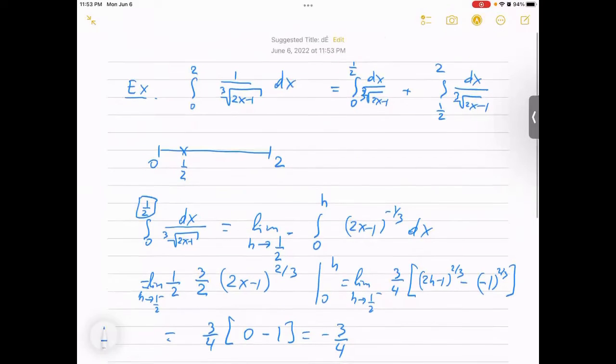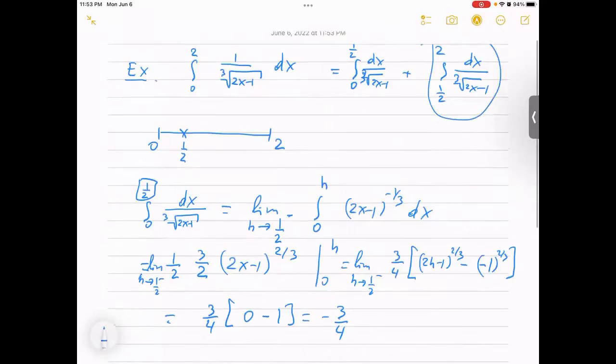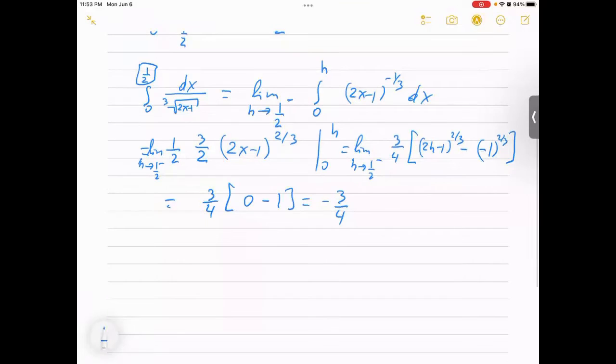Now we're going to calculate the second integral. The second will be from 1/2 to 2 of dx divided by the cube root of 2x minus 1. Before, we had a problem spot at x equals 1/2, so put h instead of it.